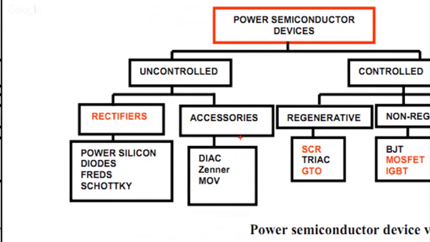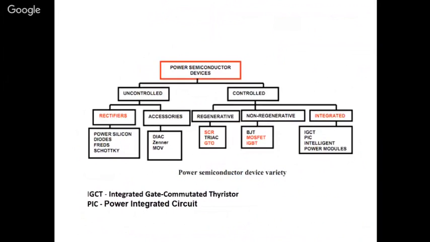Rectifiers in the sense the diodes, which usually work as rectifiers. Accessories are, say, the Triac, Zener diode, or the metal oxide varistors. All those things are used as accessories for these uncontrolled rectifiers. Similarly, you can make the device controlled also.